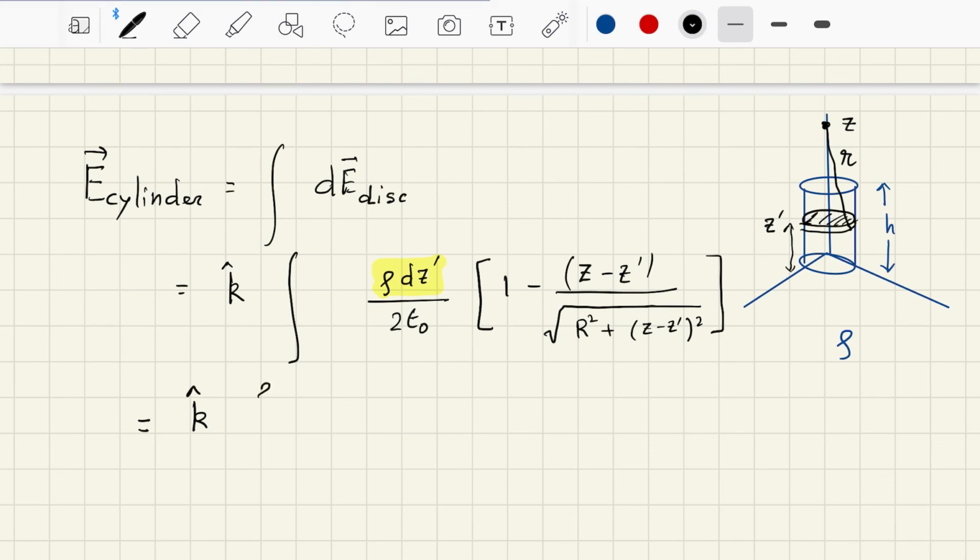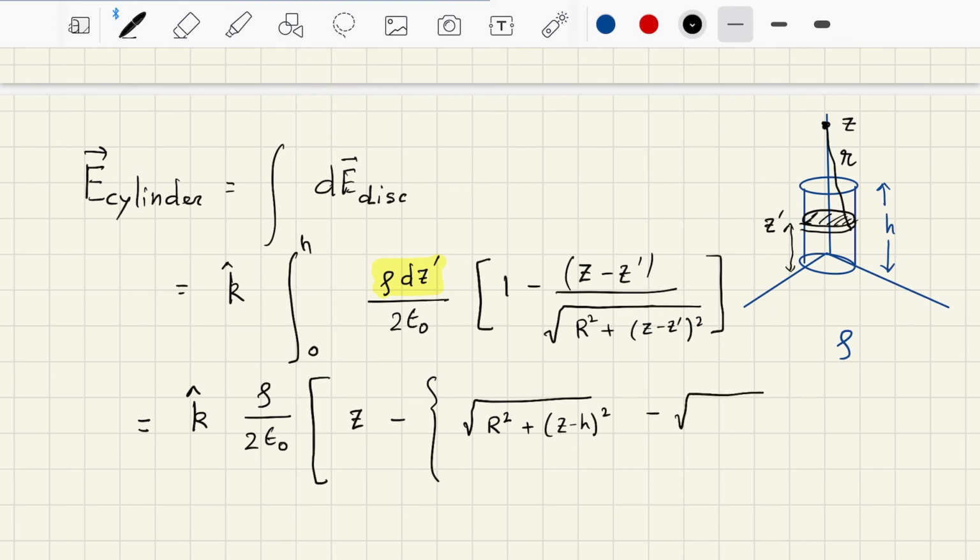This will be now rho by 2 epsilon naught, okay, and the first term will give me z, and the next term will give me root over, this is of course from 0 to h, all right, so that will be root over r square plus z minus h whole square, minus root over r square plus z square.